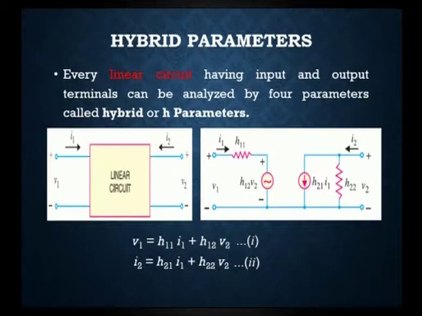Every linear circuit having input and output terminals can be analyzed by 4 parameters called hybrid or H parameters. We know the concept of two port networks, and we are taking that same two port concept forward to study the H parameters. Any two port network has 4 variables, and these variables are related with 4 parameters.